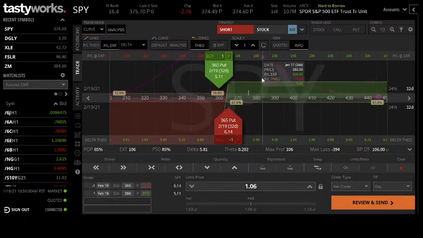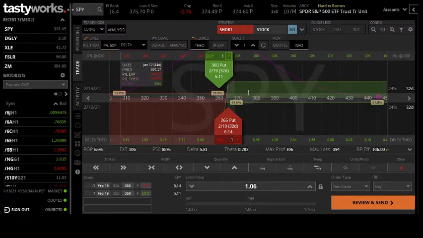Right now, as long as it stays above 365 at expiration, we're going to collect the full credit. If it starts to breach it, generally I might just cut it, if I'm not feeling it, if it's looking super bearish. Or you hold it and see what happens. That's if you're risk averse. Usually I only play with 2, maybe 5% of my portfolio per trade. So I don't go crazy.